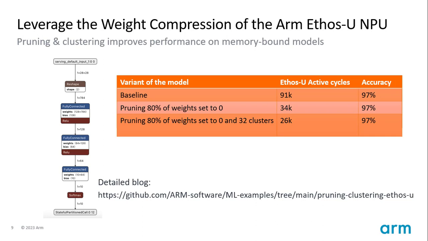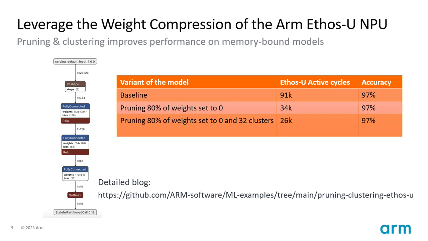I'm speaking here about the number of cycles that the NPU is executing, but this reduction in NPU cycles is actually coming from the lower number of memory accesses. So there is going to be a significant power saving as well. And also the size of the TF-Lite file that you have to store on device is going to be significantly reduced. I have a detailed blog on exactly that point at the link at the bottom of the slide.